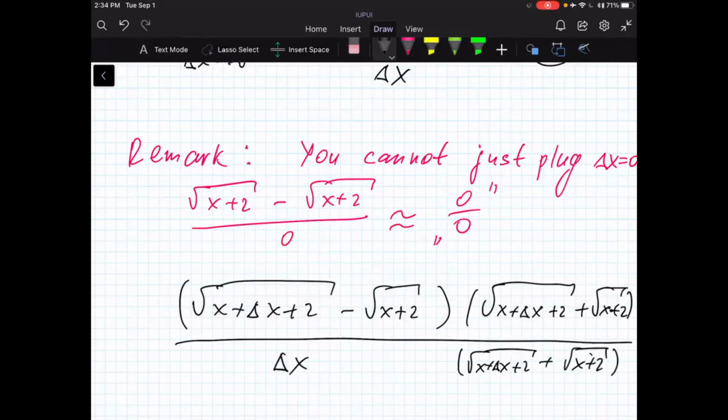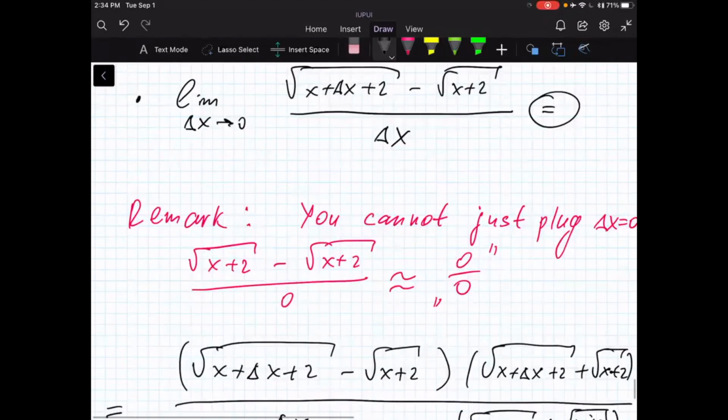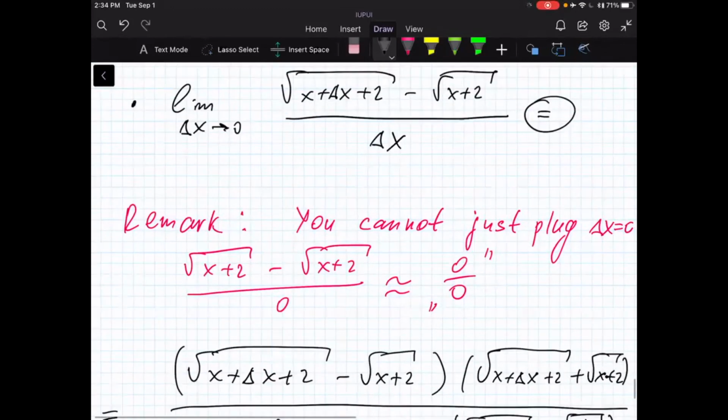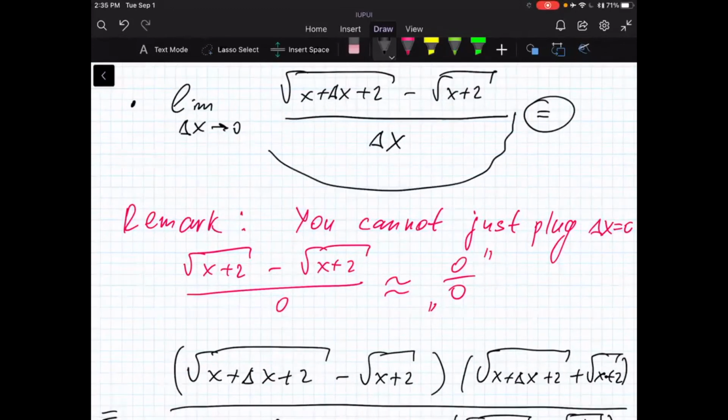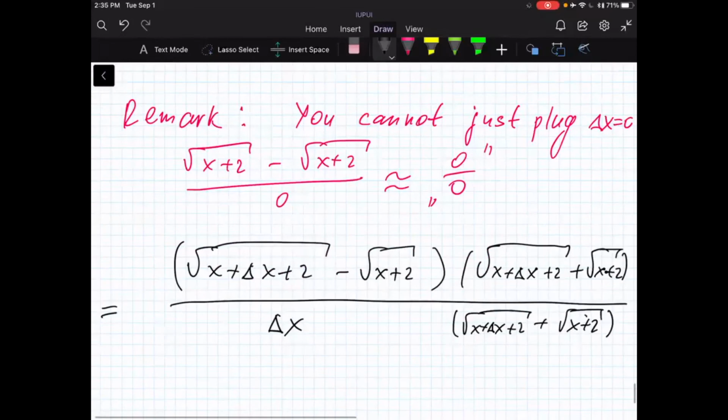Yeah, and here's another comment that I have seen in your homework. A common mistake is the following: you write down an equality here, while it cannot be equality because there is no limit. So either you just consider this expression separately and write it down, or if you want to write equality, you write limit of something is equal to, and still continue writing limit, delta x goes to 0. Without the limit, an expression like this is not equal.